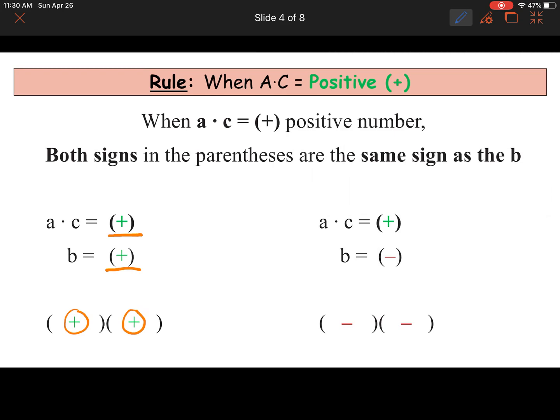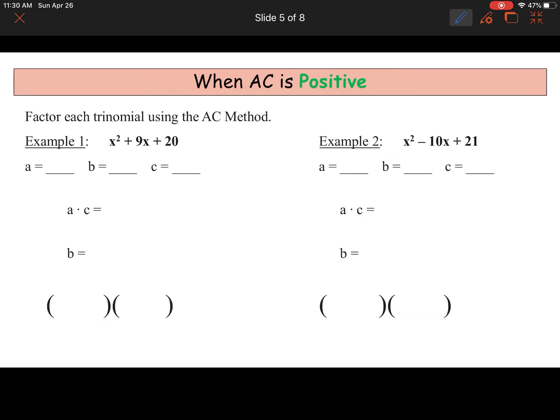As opposed to when we multiply A times C and we get a positive number again, but B is negative, both signs in our factoring are negative. We're going to look at some examples, and this is going to make more sense in a second. So, let's look at some examples.